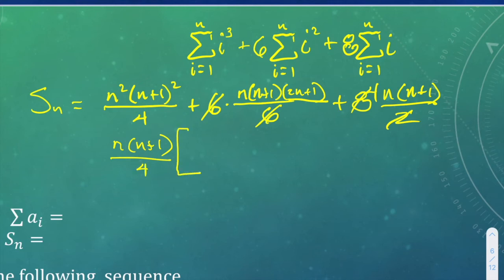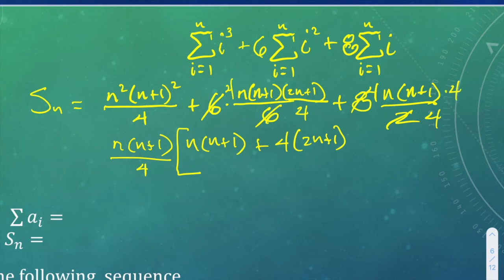And I'll put a big bracket in here so that we can say n times n plus 1, plus, and we're going to put a 4 down here. That means we need to put a 4 on top. 4 times 2n plus 1. And then down here, we need a 4 on the bottom, so we need to multiply by 4 on the top. And we really already factored out the n times n plus 1, so that's just 4 plus 4, and this becomes 16.